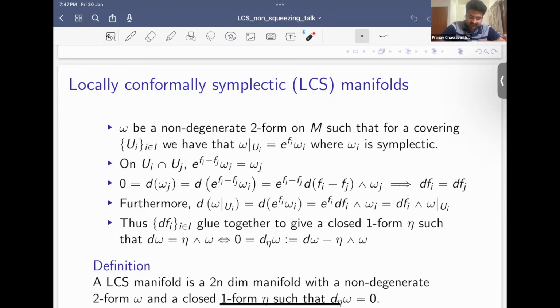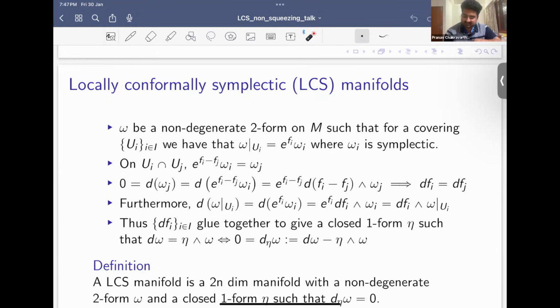And because omega_j is a symplectic form, the symplectic condition basically gives me that d phi_i needs to be equal to d phi_j. And also, furthermore, if I take the differential of my non-degenerate 2 form, that is the same as e to the phi_i d phi_i wedge omega_i, which is just d phi_i wedge omega restricted to U_i.